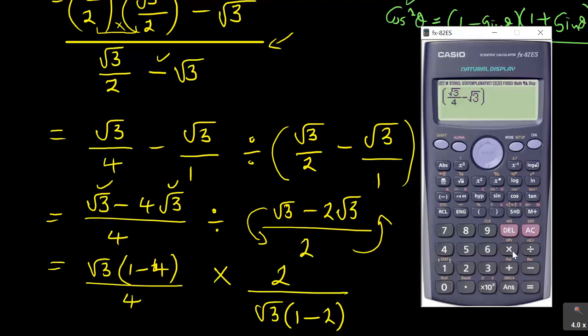Close the bracket, and then say divided by, just to see whatever we are doing that is still on track. Root 3 over 2, then it's minus root 3. So if you check this, it helps you to see, are you still getting a negative half?